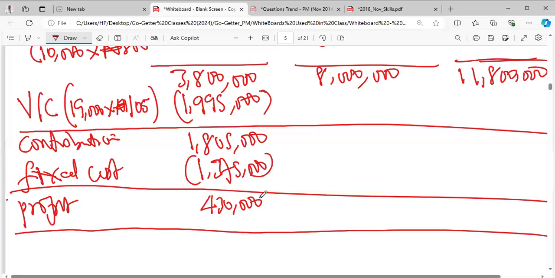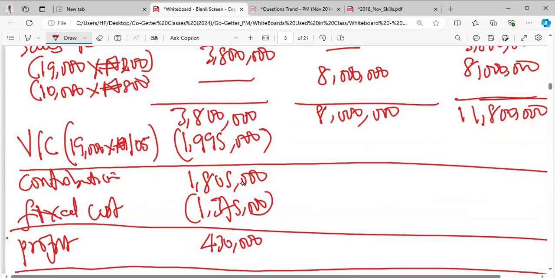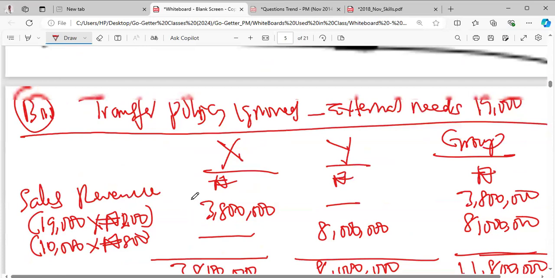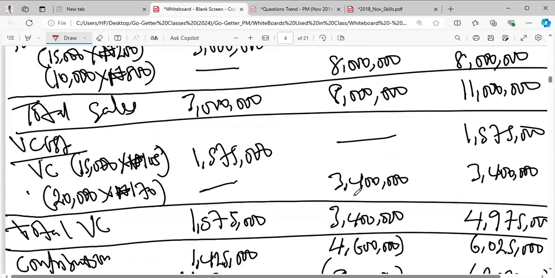And it's going to happen in the next one we're going to do. We're going to be getting the same profit. But the buying division is still going to be the same thing that we had before. So we have 3,400,000.